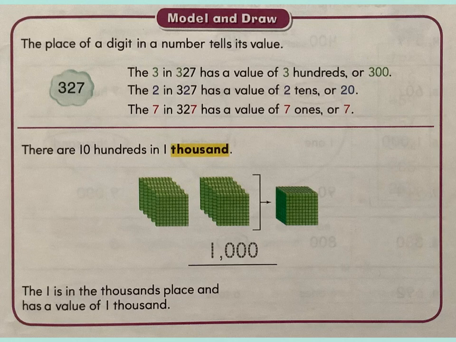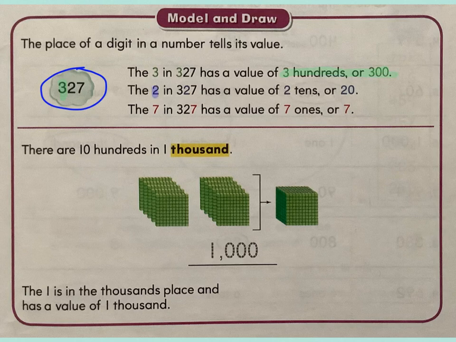Go ahead and look at the next page, page 74, at the model and draw box. The place of a digit in a number tells its value. Right here we have 327. The 3 in 327 has a value of 3 hundreds or 300. We can say it either way. It's the same thing.